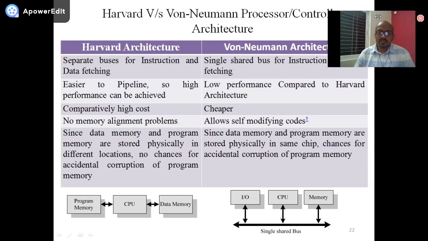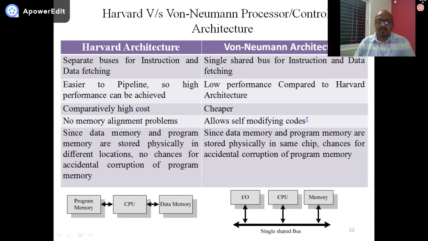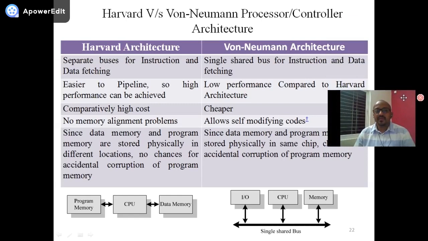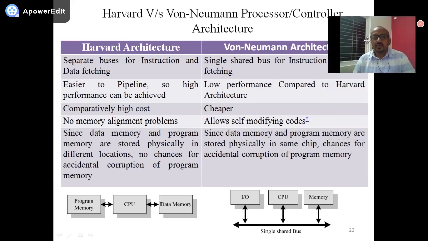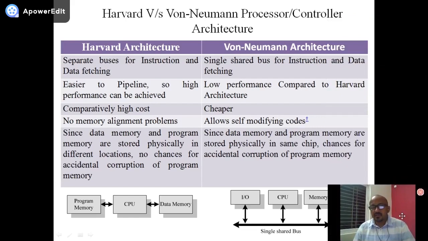Next, we have to make out the differences between Harvard and von Neumann architectures. These two architectures come from the Harvard and Princeton universities in the US.